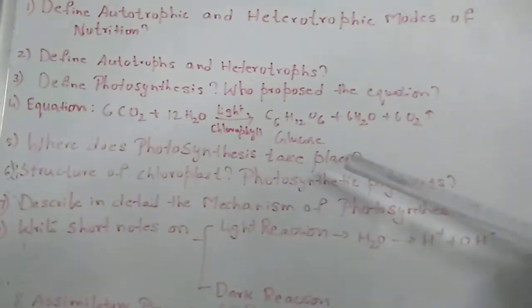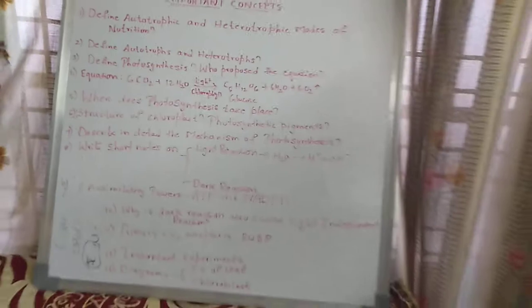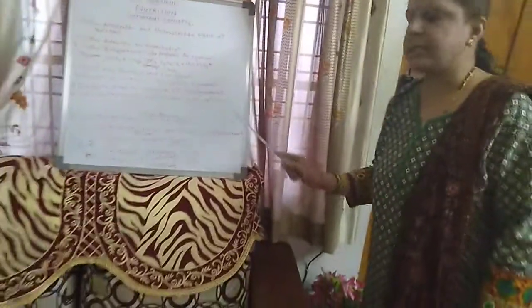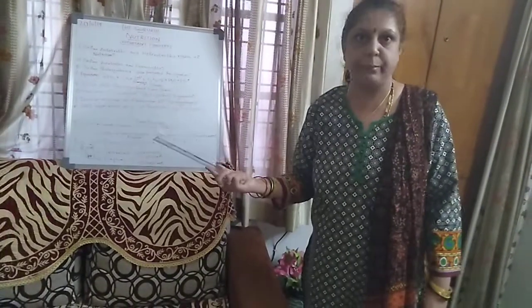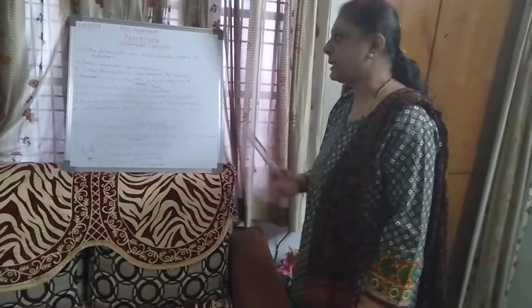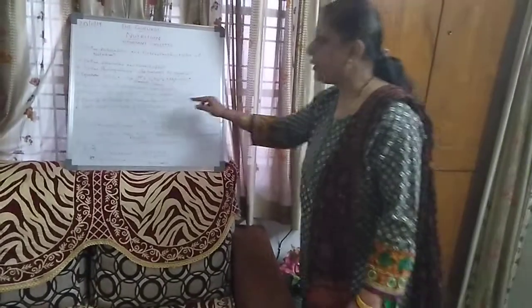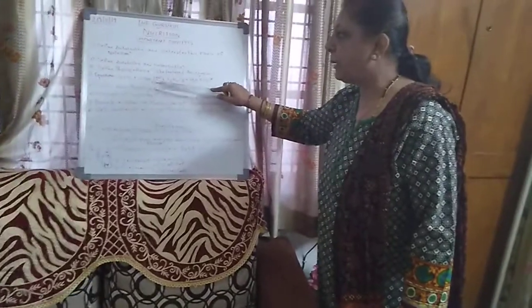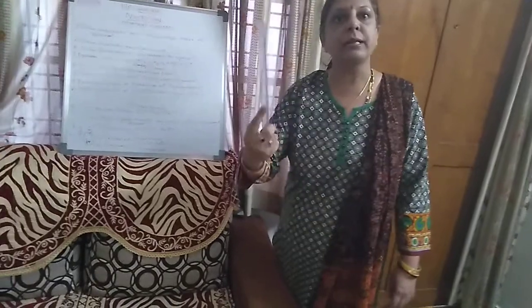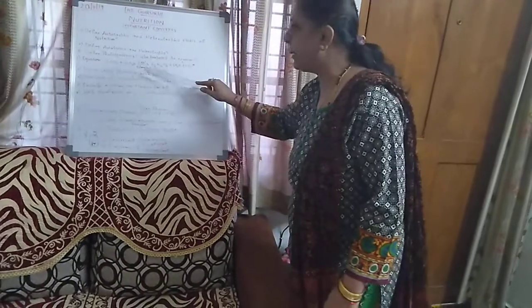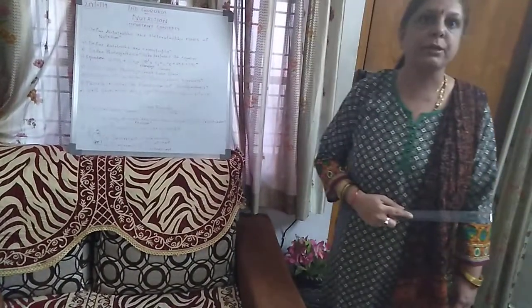Where does photosynthesis take place? The photosynthesis takes place in all the green plants, the green bacteria, the blue-green bacteria and some purple bacteria which have the pigment chlorophyll. So for photosynthesis to take place, the pigment chlorophyll is most important. Why are plants green in color? The plants are green in color because of the presence of the pigment called chlorophyll.